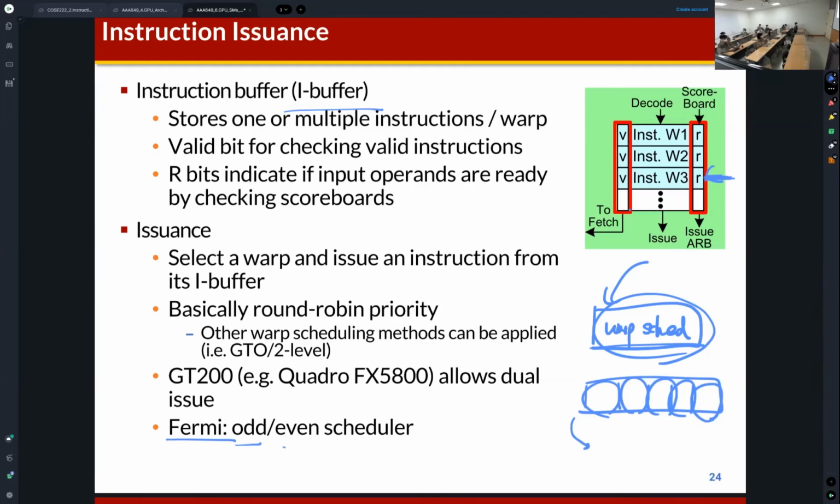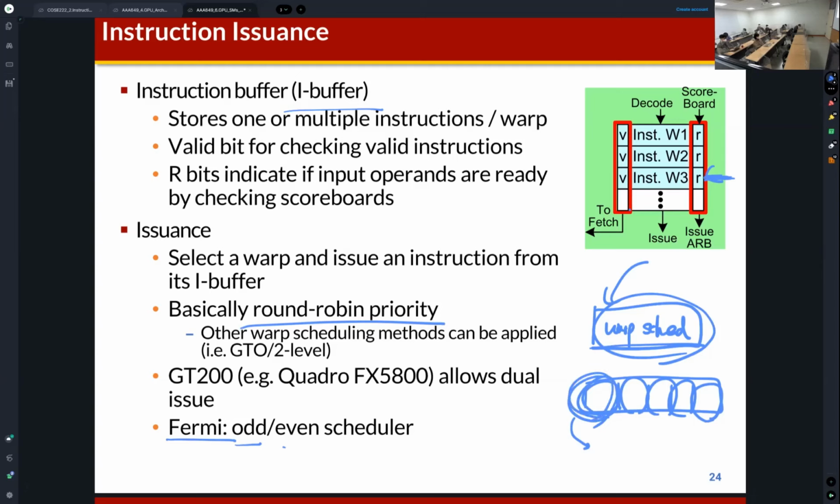So basically, we can think of the round robin algorithm, and the priority. So when a ready warp is selected from the warp pool, then based on the priority, the scheduler selects the warp which will be executed.